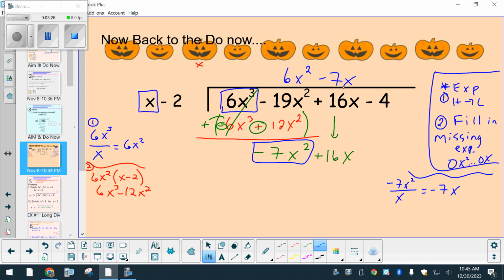Right? Once that's up there, you then will multiply, right? We'll multiply. Negative 7x times x minus 2. Sorry. Right? Negative 7x squared plus 14x. Doing all right?